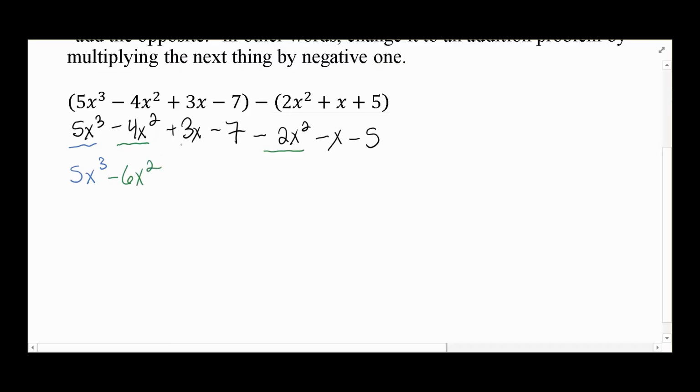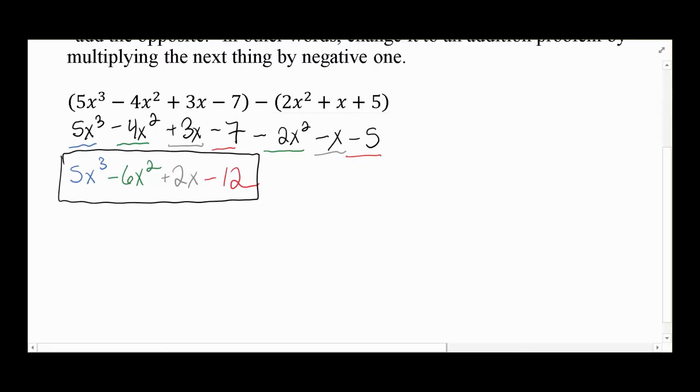I can move right down the line to the linear term. By linear term, I mean x to the first power. I have 3 minus 1 is +2. And then I get to my constants. I have -7 and -5. Makes -12. And this gets me my final answer to this subtraction problem.